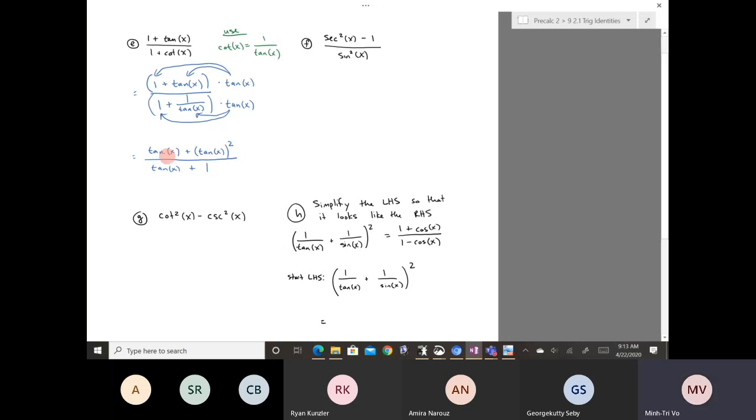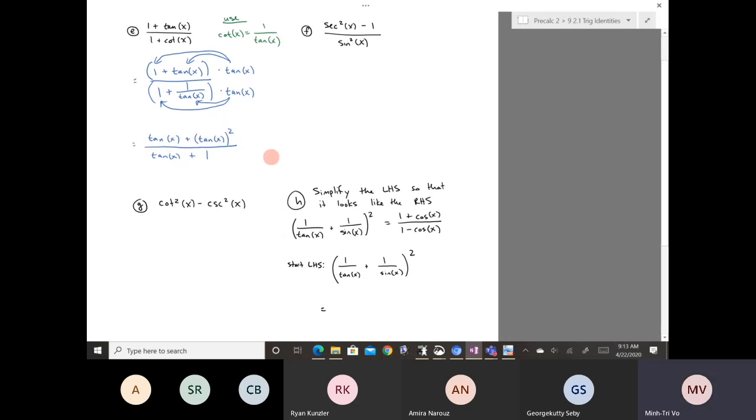So I have this thing. And now how can I continue from here? Well, in the numerator, I have a tangent in this term, and then I have tangent squared in this term. Since both terms contain tangent, I can factor out tangent.